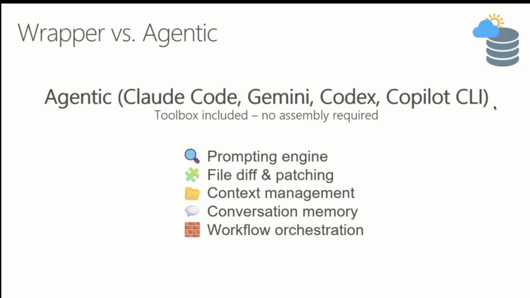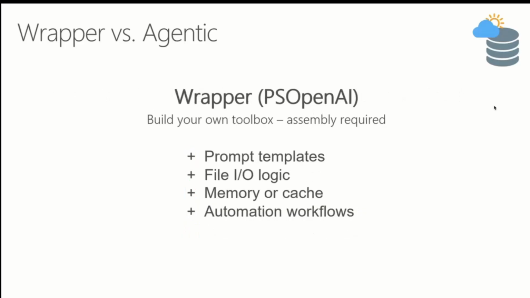It can go and grab information. It can do a find. It can put all of this together, and it understands more about your project. And it also has workflow orchestration in the background. And with a wrapper, you have to build all of that yourself. So you can build an agentic AI with a wrapper, but you're going to have to do all of this assembly yourself.